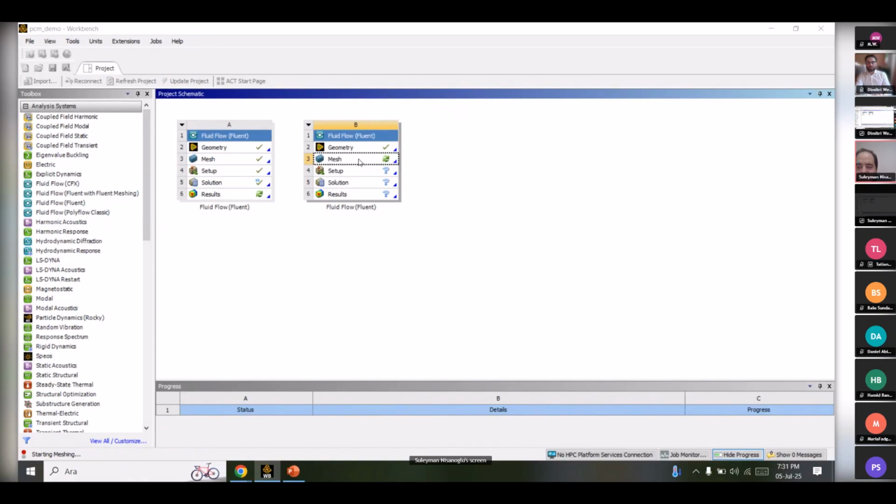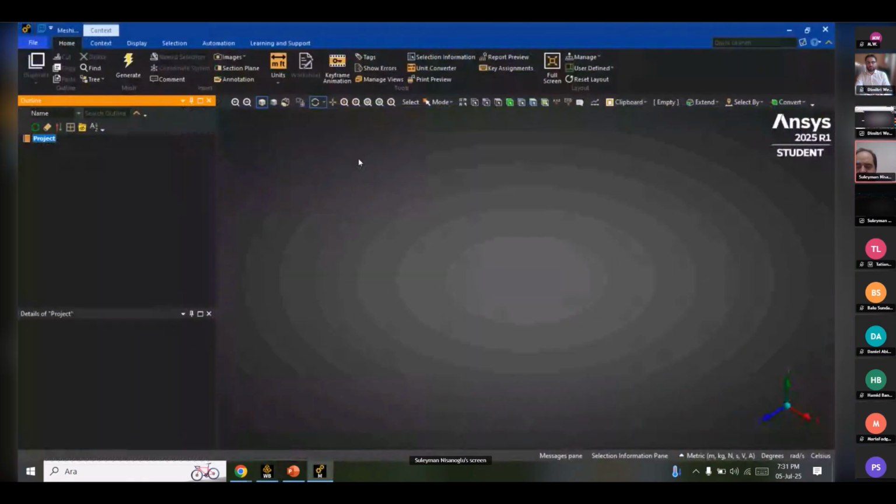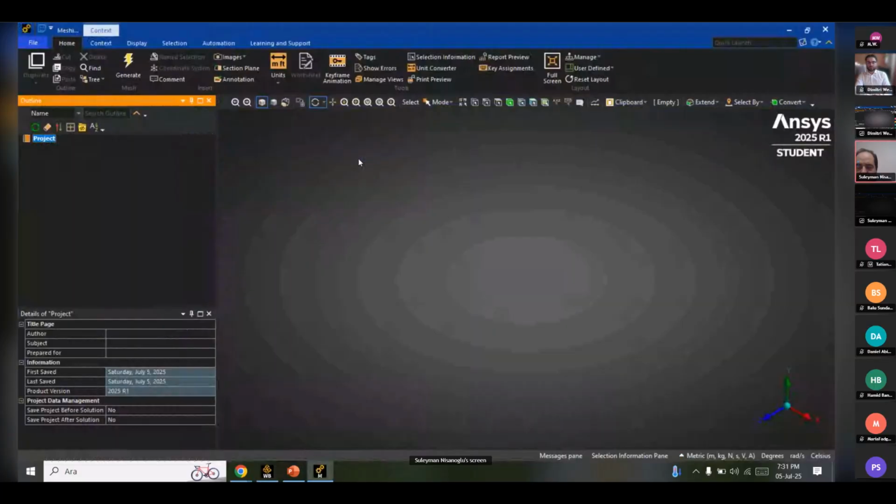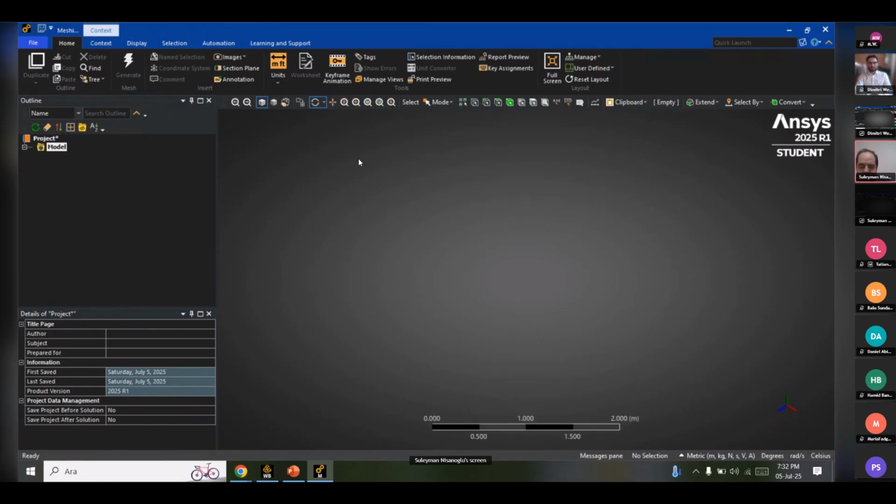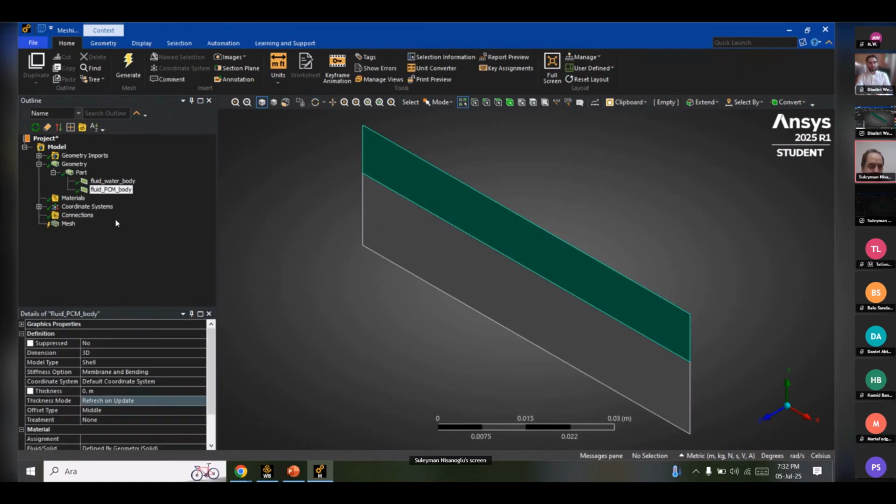I will use sizing and face meshing. I want the mesh to be denser near the edge so I can apply bias. The area near the edge must have a finer mesh. Okay, very nice.